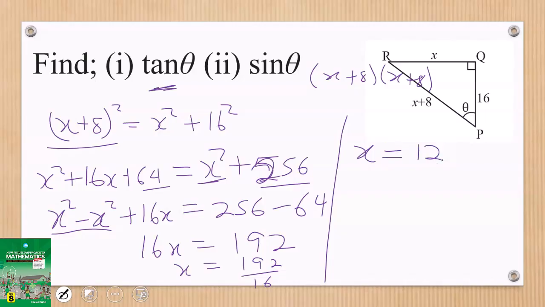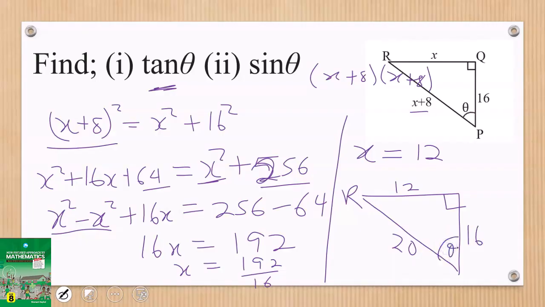So our x is 12, which presupposes that our diagram can be redrawn as, here we have our 12, hypotenuse will be 12 plus 8, which is 20, and then our side here becomes 16, which our theta also represents like this. So now what is tan theta?